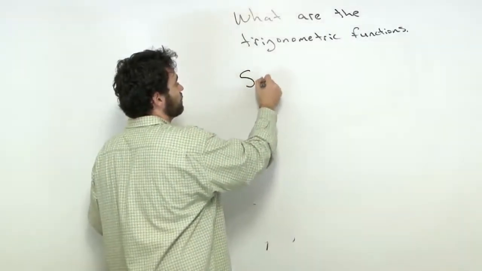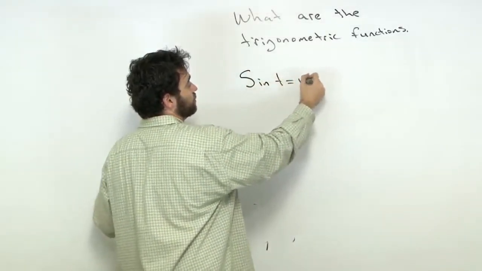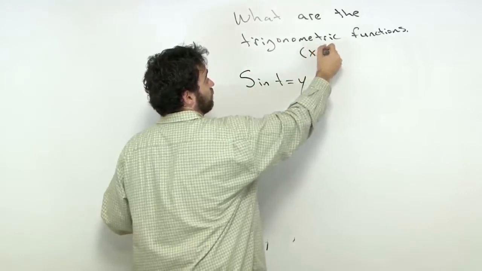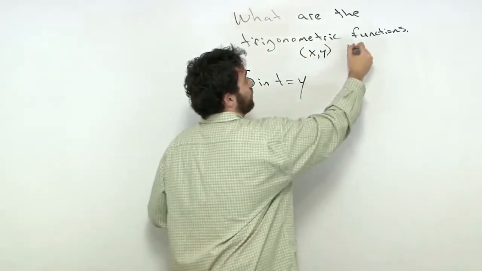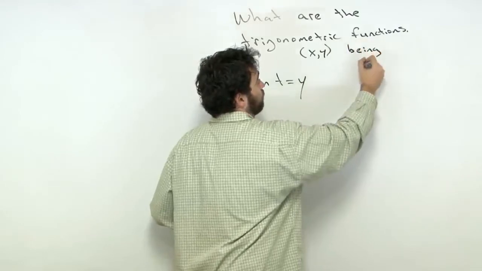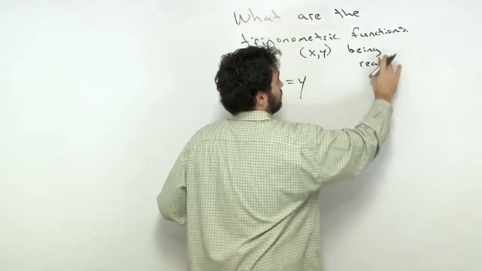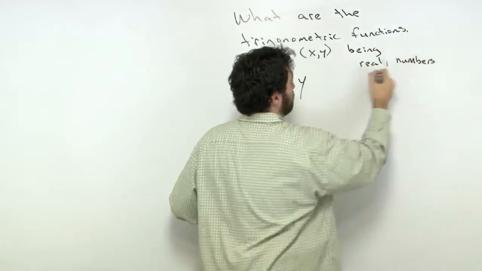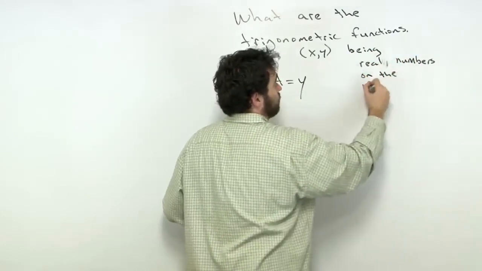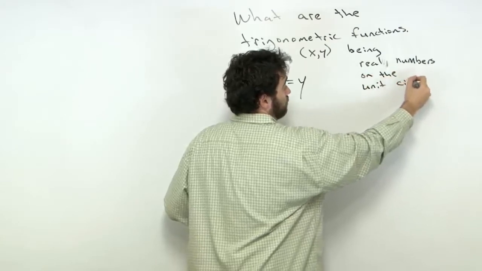So we get the sine of t is equal to y. We're talking about x and y being real numbers on the unit circle.